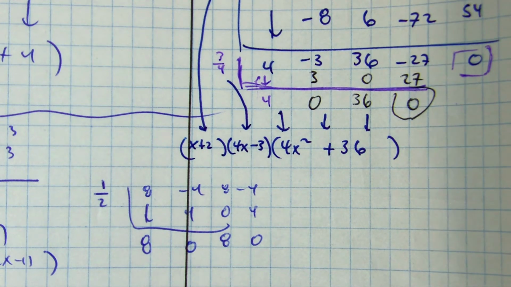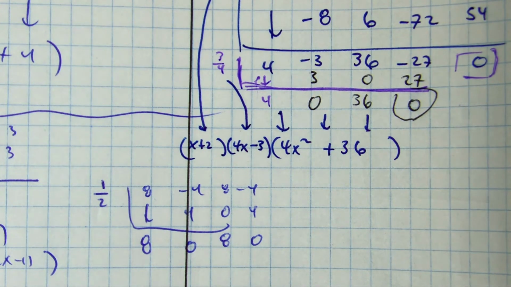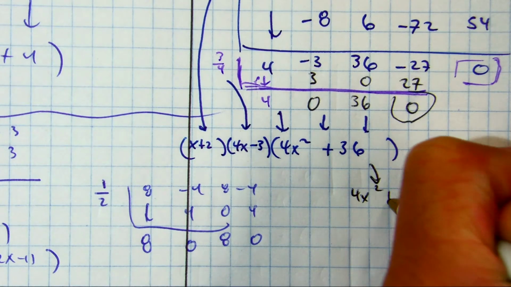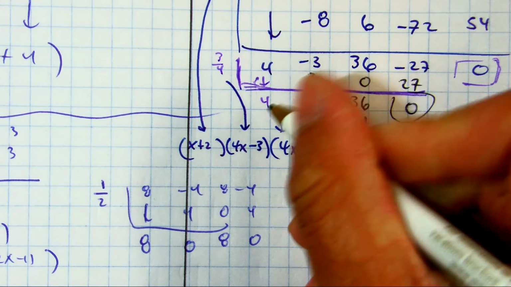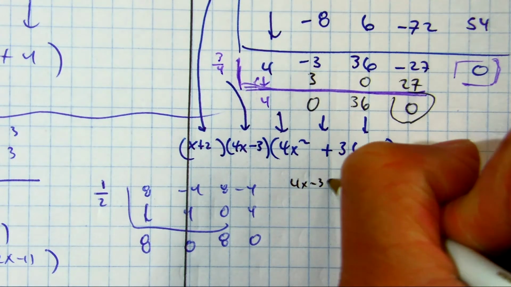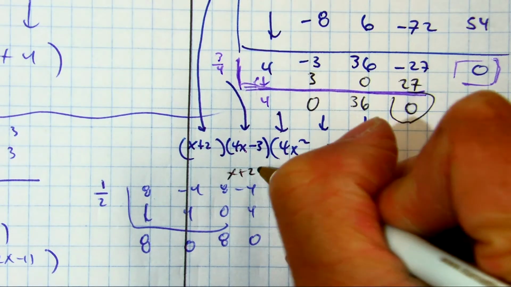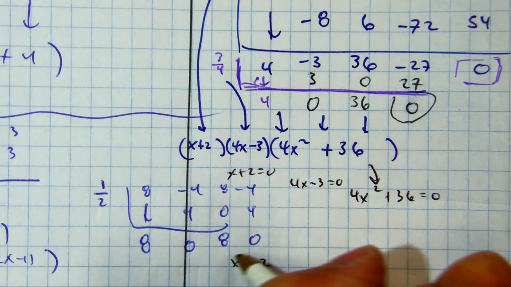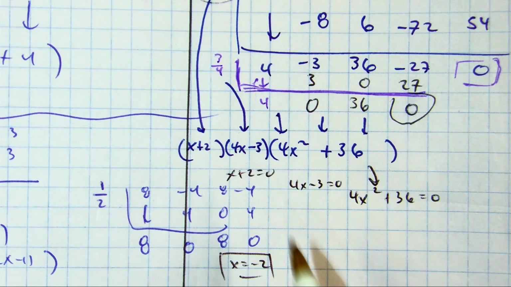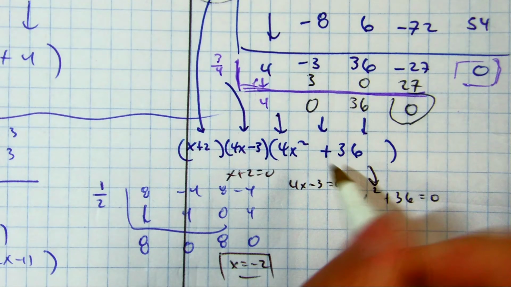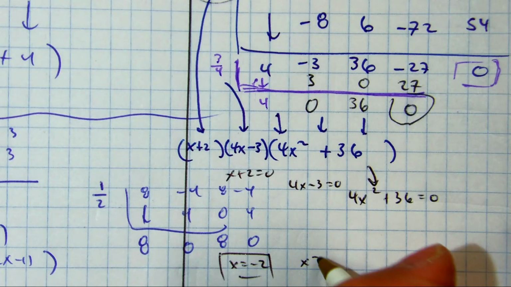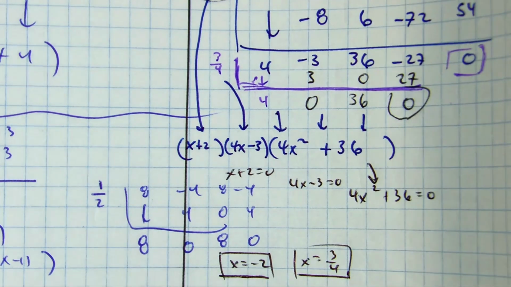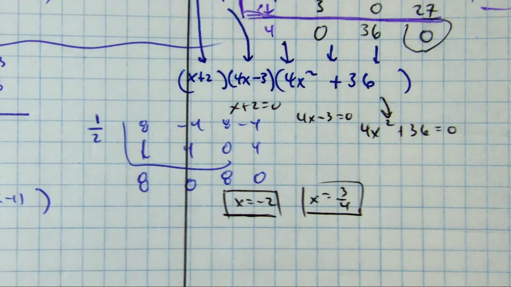Okay. If I set each of these equal to 0, and this is kind of redundant because we already know that x equals what value, class? -2 from back up here, right? We already knew that. Class, this one's going to equal what? 3/4. Pablo, let's solve for this one. What do you want to do?